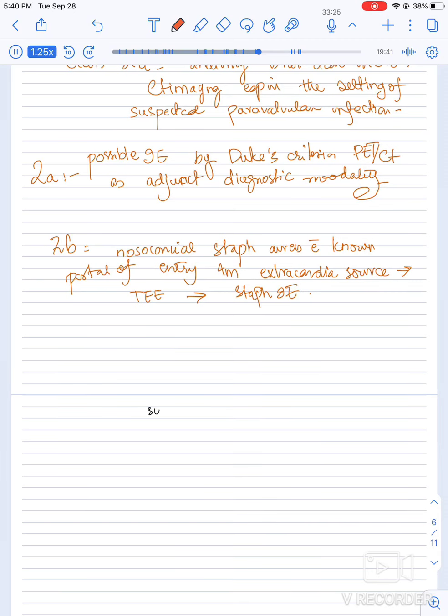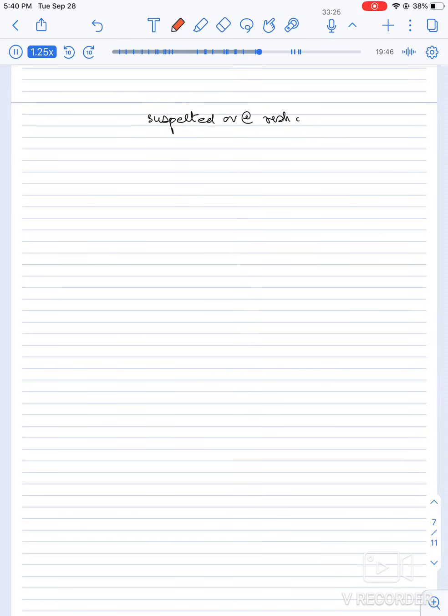Okay, so if the patients have suspected or at-risk infective endocarditis, the class 1 recommendation is that we get the blood cultures, we use the modified Duke criteria, and of course we'll get the heart valve team involved.